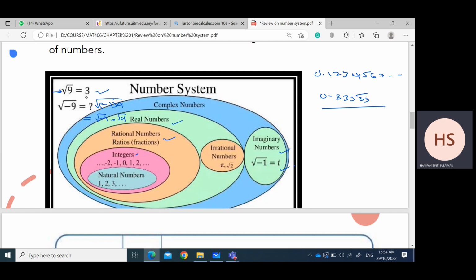Okay, so square root of 9 is 3. So here we can say that square root negative 9, it is about 3i. Okay, so as you can see, square root negative 1 is an imaginary number. So for imaginary numbers, we know it as i. Bila dalam matematik nampak i kat sini, itu adalah imaginary number. So hence, we can say that square root negative 9, it is about 3i.